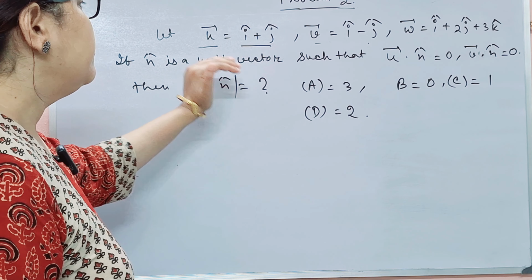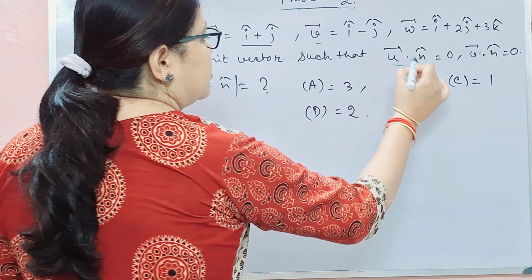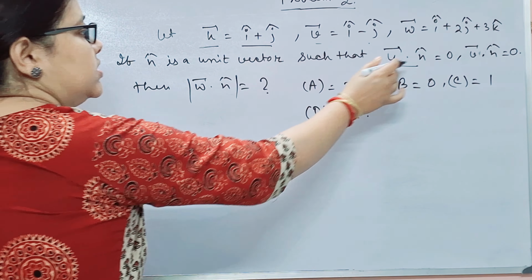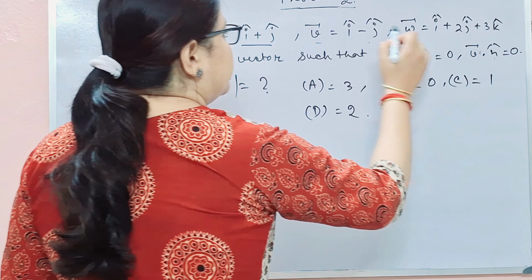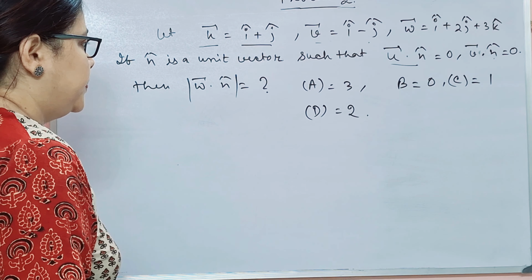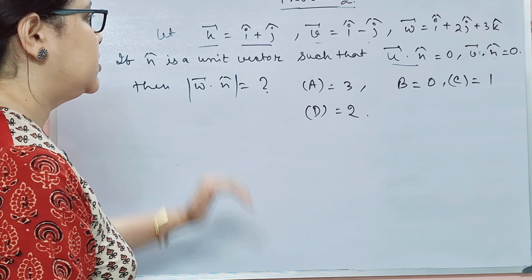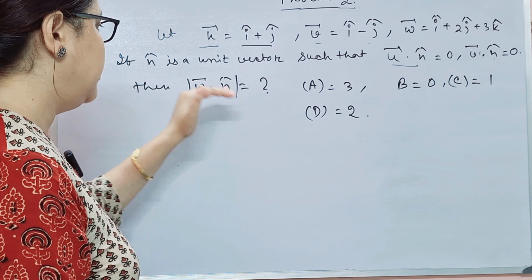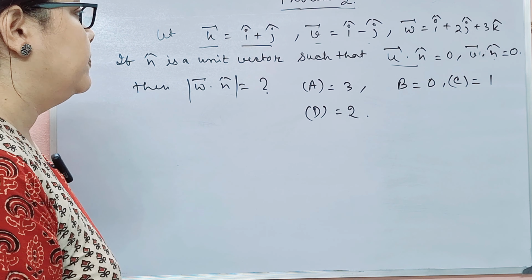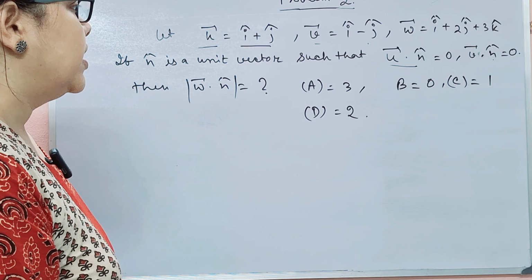Now n is a unit vector such that scalar product or dot product of n with the vector u is 0 and also dot product of n with the vector v is also 0. So you will have to find out the magnitude of the dot product of n with the vector w. These are the four options and you will have to find out the correct option.